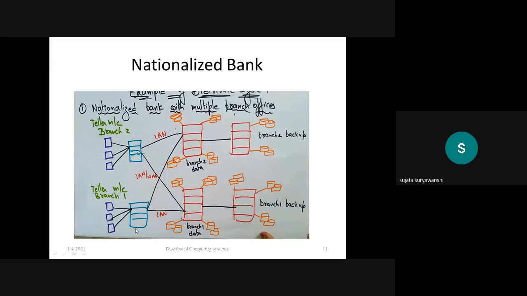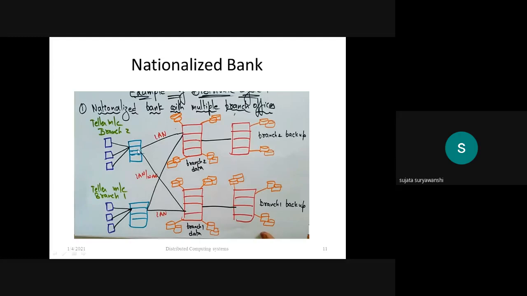Branch 1 has a local server, on which the actual data is stored. Simultaneously, the same bank has a different branch in a different city or the same city. When different customers or clients make different transactions at the same time, that data will be updated in the server.